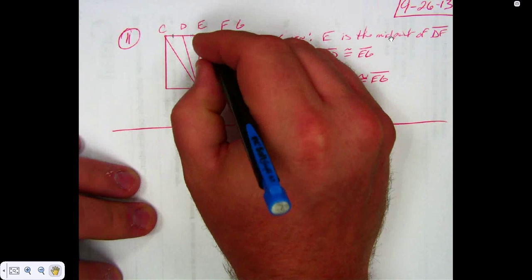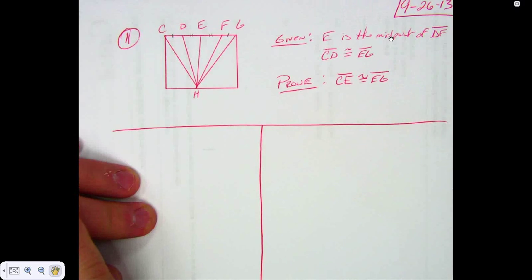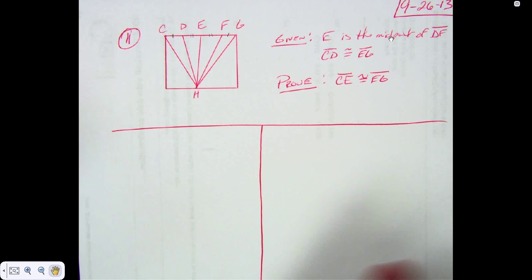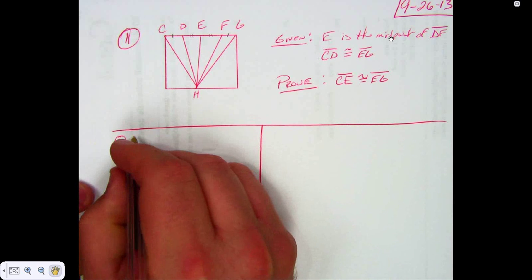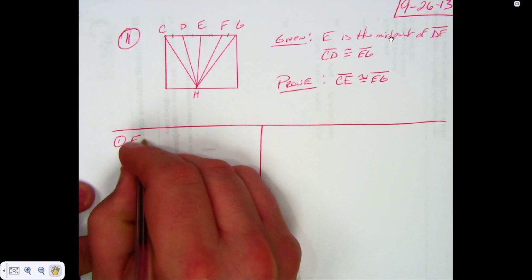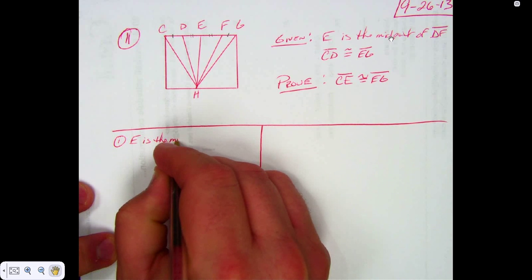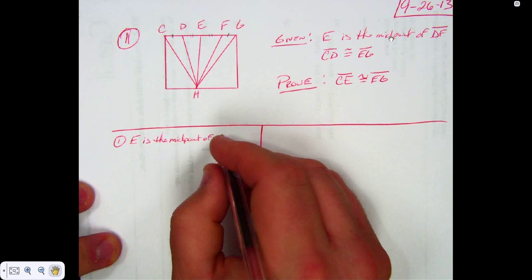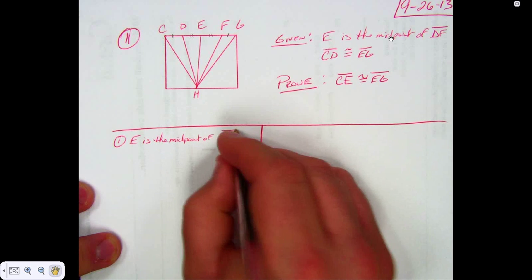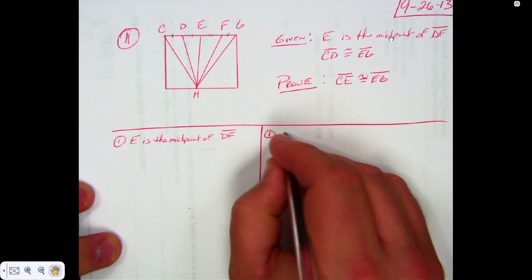So in essence, they've told us those two are congruent, right? All right. So let's get our given written down. First one, I'm going to say E is the midpoint of DF. That's given.